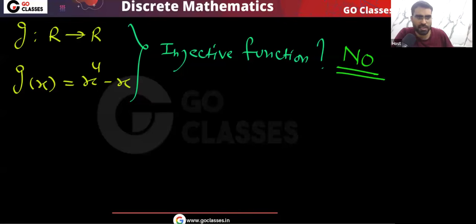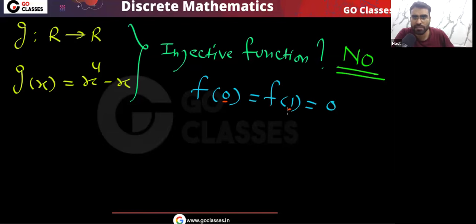Why is this not injective? Anyone want to tell me the reason? Because you can notice that f(0) and f(1) have the same image, that will be 0. Yes or no? These two different elements, 0 and 1, are different elements, but they have the same image.